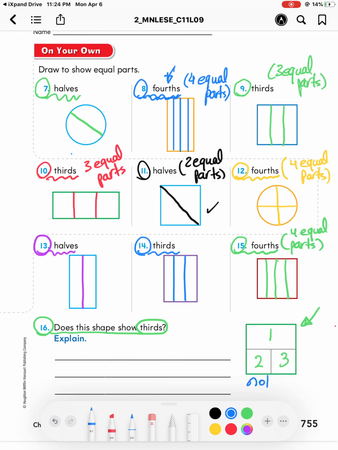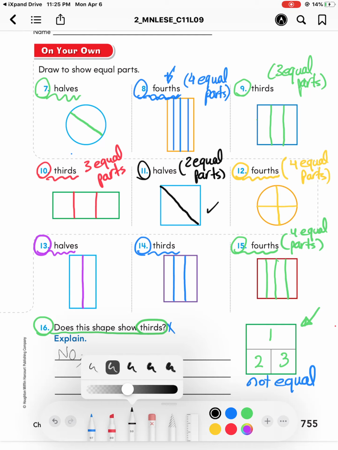They are not equal. So we cannot call them thirds, because thirds means to have 3 equal parts. So what can we say? Does this shape show thirds? Excellent. No. Can you explain this? Can you tell me why?